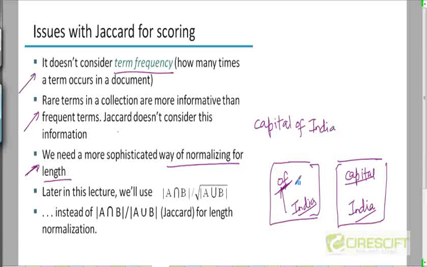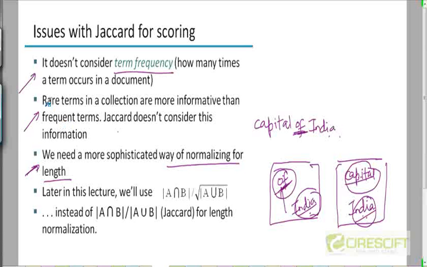But the point is that there are two terms here which match the query, whereas here there are two terms which match the query. But here, because one of the terms matching the query is a stop word, it's not very informative. It's not telling us that this document is close to the query as much as these other terms, which are more rare and whose appearance in a given document carries more weight than the appearance of just this stop word.